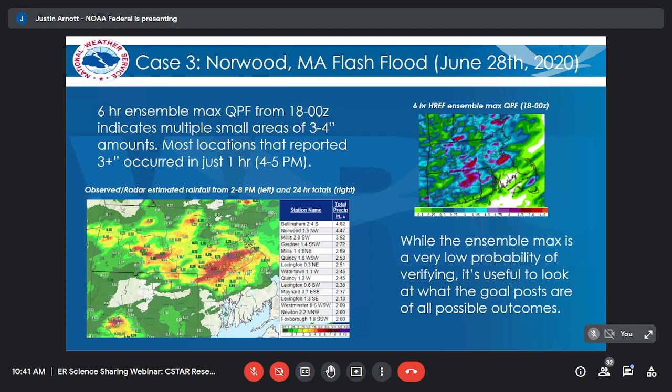And on the right-hand side, you see the 6-hour HREF ensemble max actually captured the max amount pretty close to Norwood, although it also showed some other places that didn't get hit quite as hard. But once again, while the ensemble max has a very low probability of verification, it is very useful to see what is the goalpost, what is the reasonable worst case scenario.